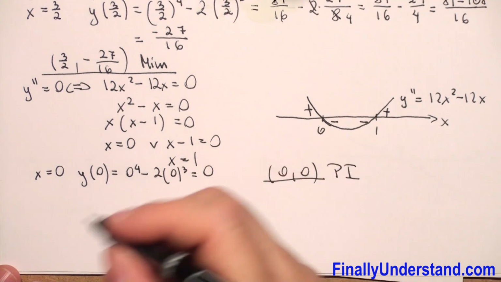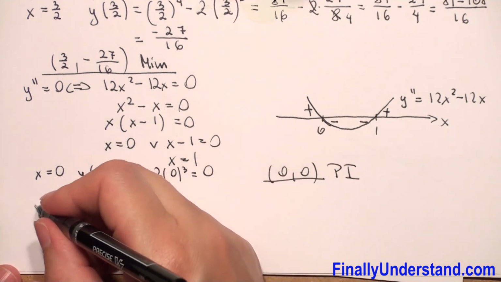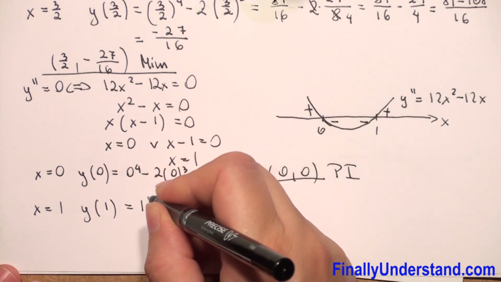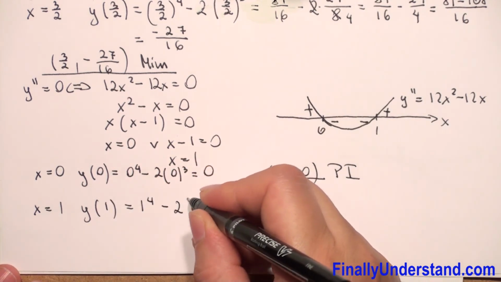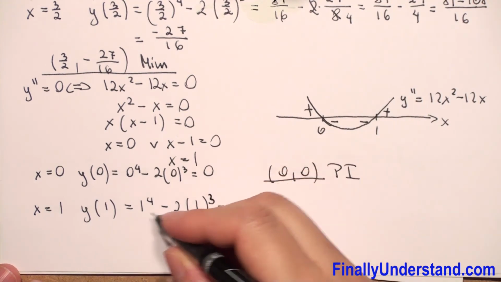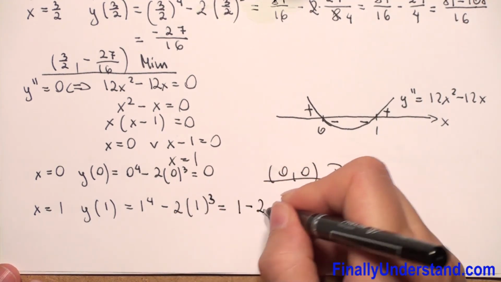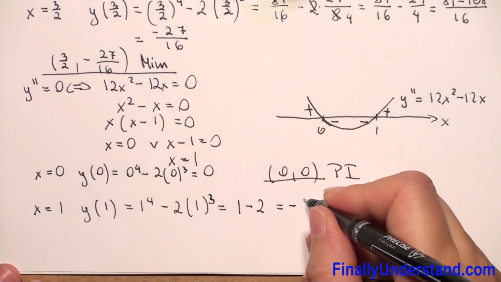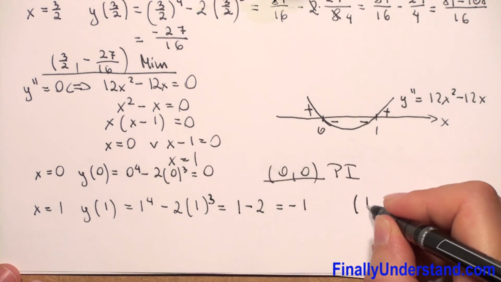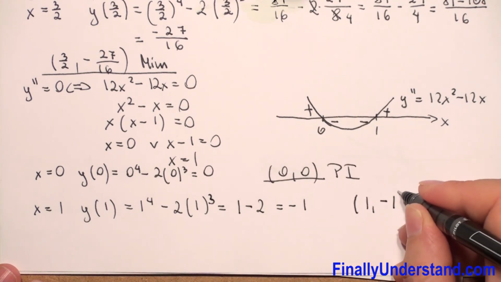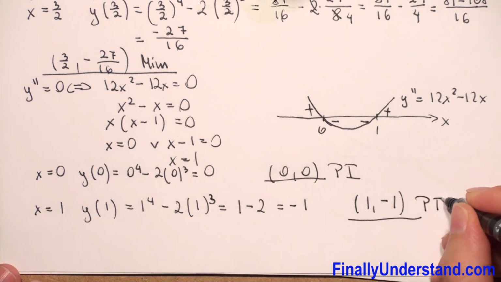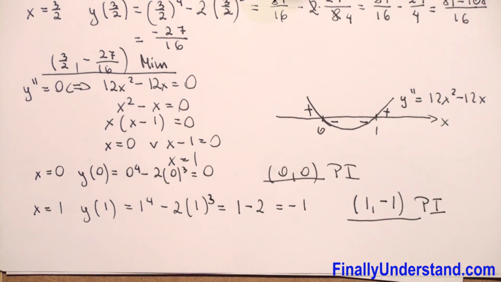And the second is for x equals 1, so y of 1 is equal to 1 to the 4th minus 2 times 1 to the power 3. This is equal to 1 minus 2, so this is negative 1. So our second inflection point is (1, negative 1). So we solved this problem.